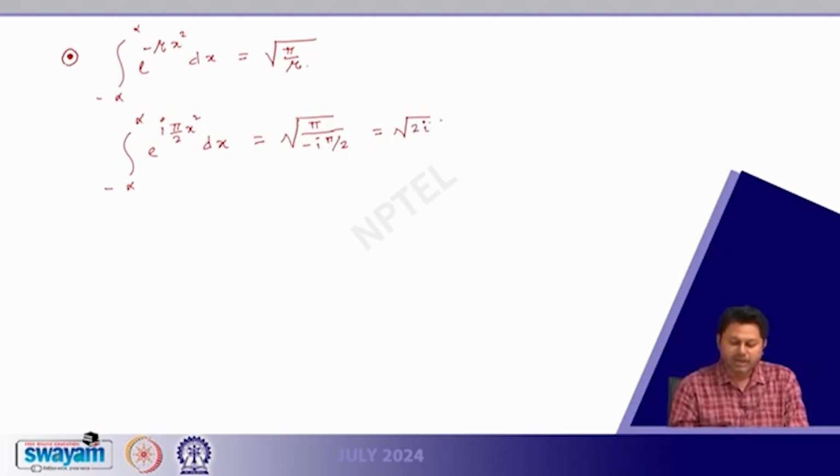If I multiply i in the denominator and numerator, then minus i into i becomes 1, pi cancels out, so it is root 2i.